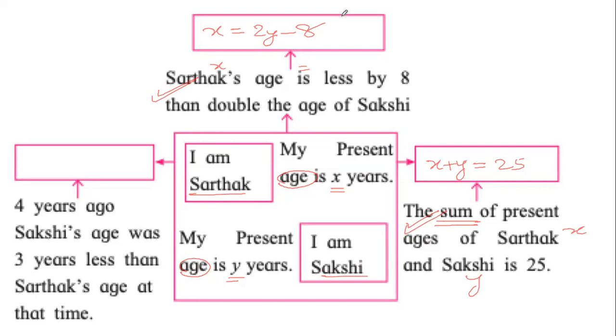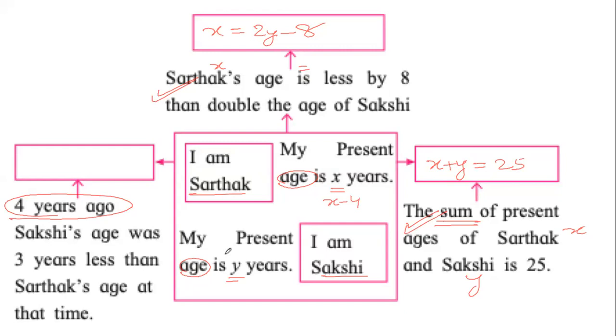Now, the third statement, on the left-hand side, is a little trickier. It's not difficult. It is a little trickier because although the quantity is still ages, now it is asking about 4 years ago. 4 years ago, Sarthak's age must be X minus 4.